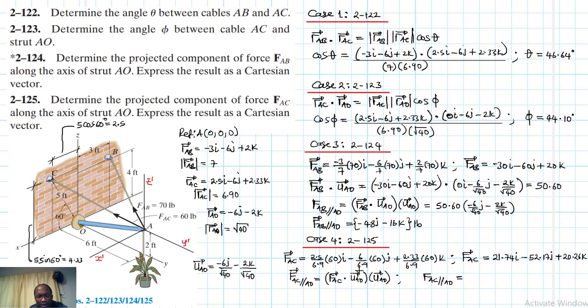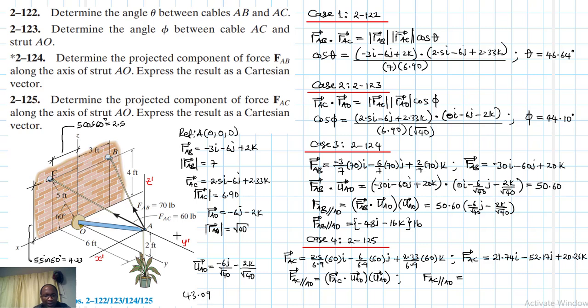Okay, and then we have a plus, so that becomes minus 2 times 20.26 times 2 divided by root of 14. So we have 43.08.